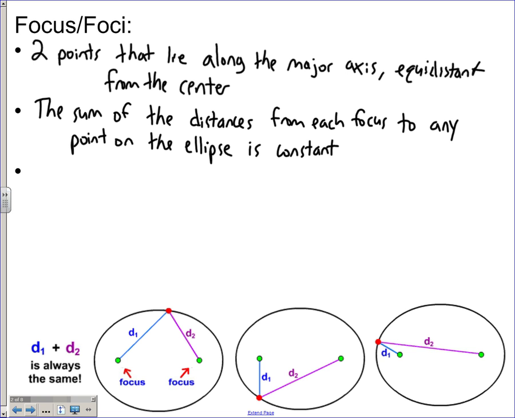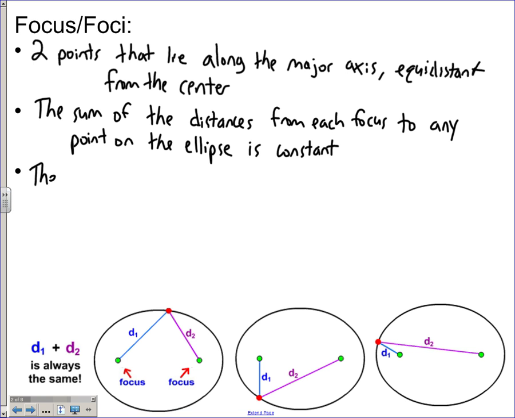So you can see below in the pictures if I have D1 and D2, where D1 is my distance from the focus on the left, D2 is my distance from the focus on the right. No matter where that red point is around my ellipse, if I add up those distances, it's going to be a constant number. It turns out it's actually 2a, which is the length of the major axis.